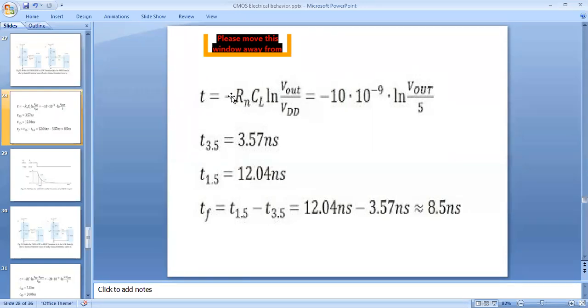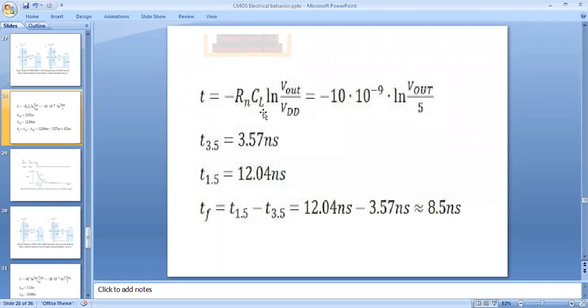On this side we already have the V out parameter, therefore V out by VDD inside the natural log. So we got t as minus Rn CL natural log V out by VDD.